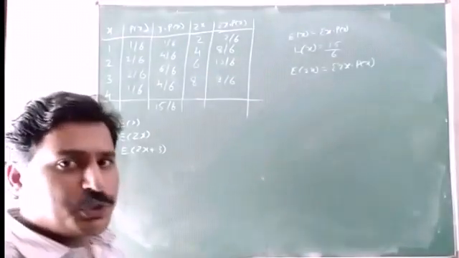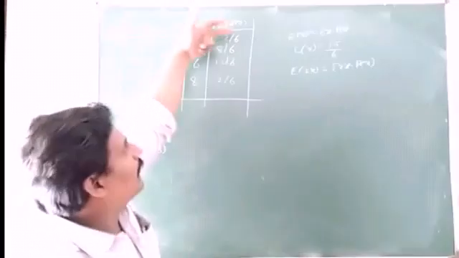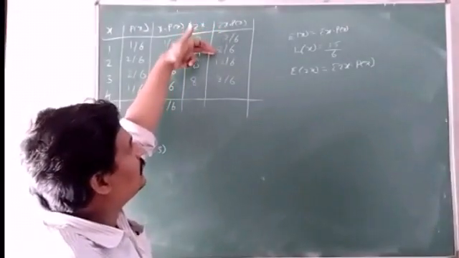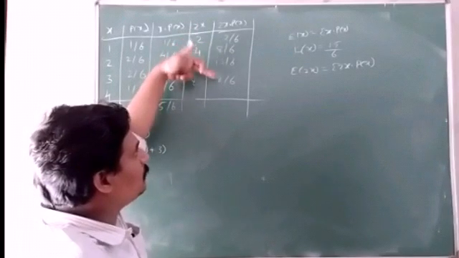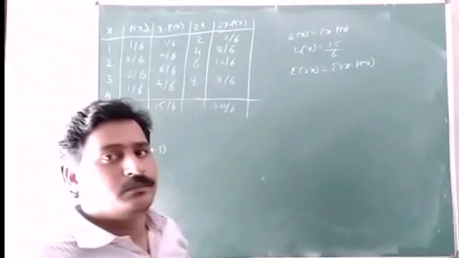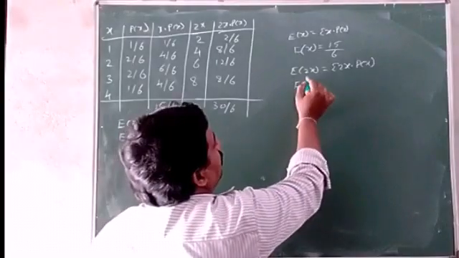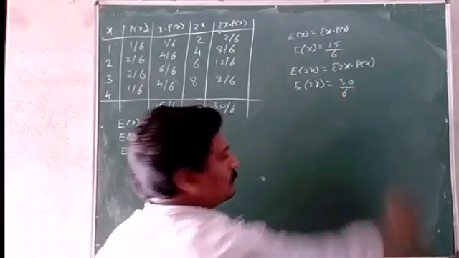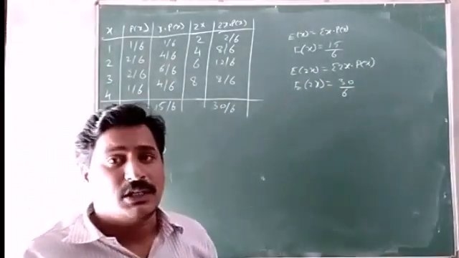Now make the total. All the denominators are same here. So 2 plus 8, 10. 10 plus 12, 22 plus 8, 30. So that is 30 divided by 6. So E of 2x is equal to 30 divided by 6. Let us cross check it.